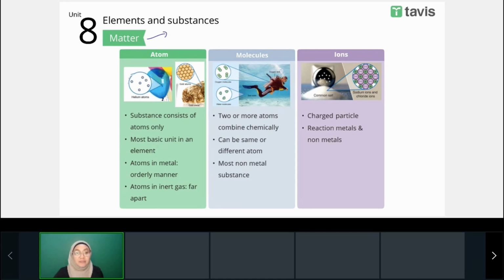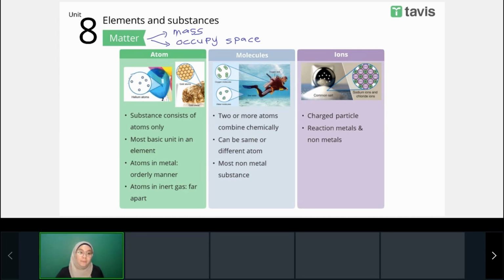Matter is any substance that has mass and also occupies space. So we call them matter.